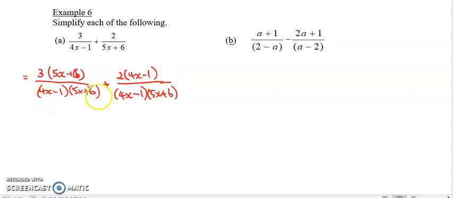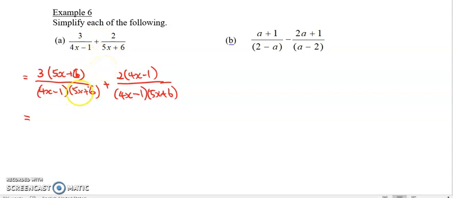Now if you look at both fractions here, they have the same denominator. Please take note also, we are not doing cross multiplication.